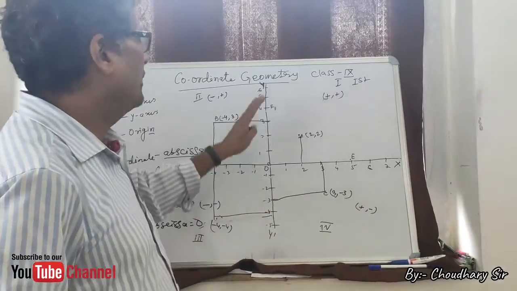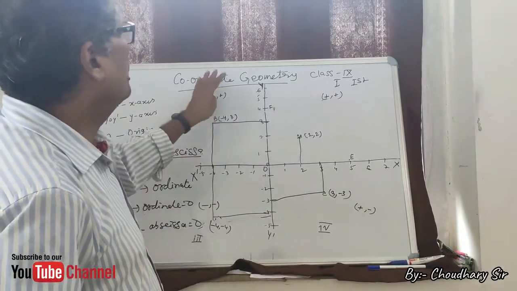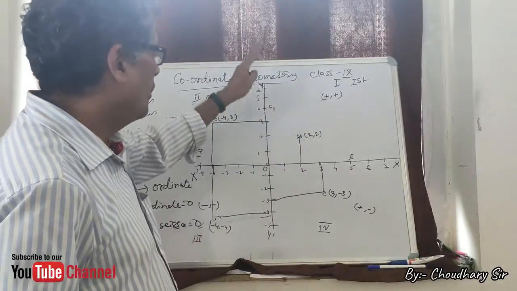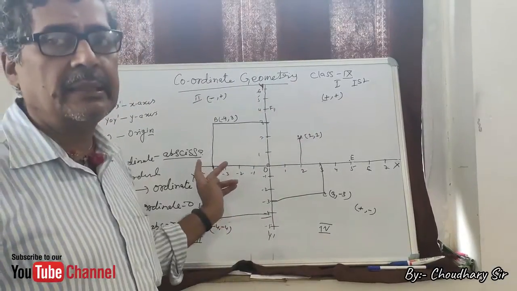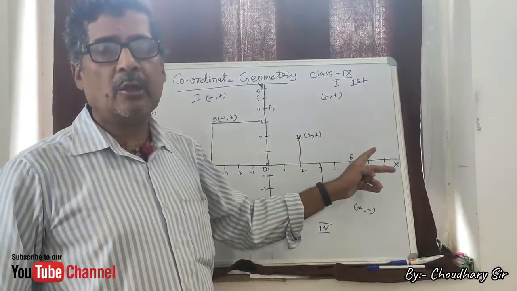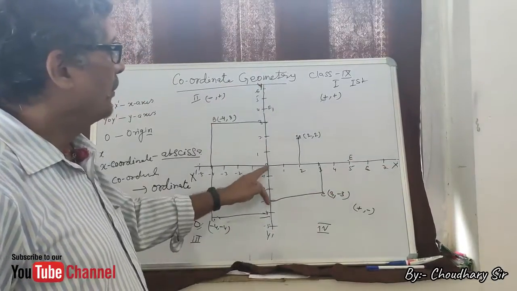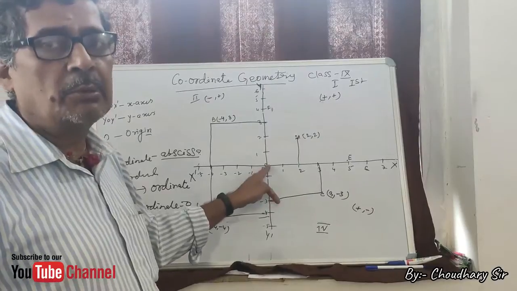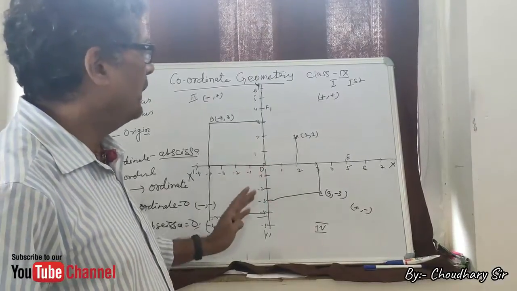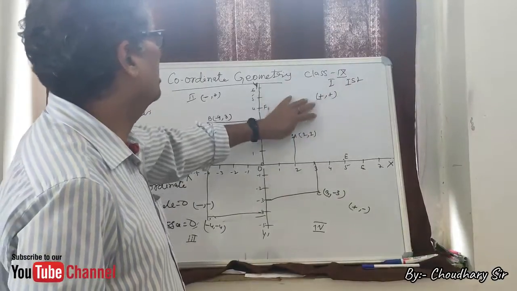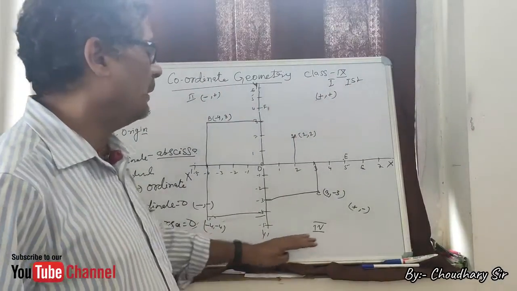So in this way, in coordinate geometry, you know about the x-axis and y-axis. The horizontal line is called the x-axis, the vertical line is called the y-axis, and their point of intersection is the origin. Okay? And we also know about the quadrants: first, second, third and fourth.